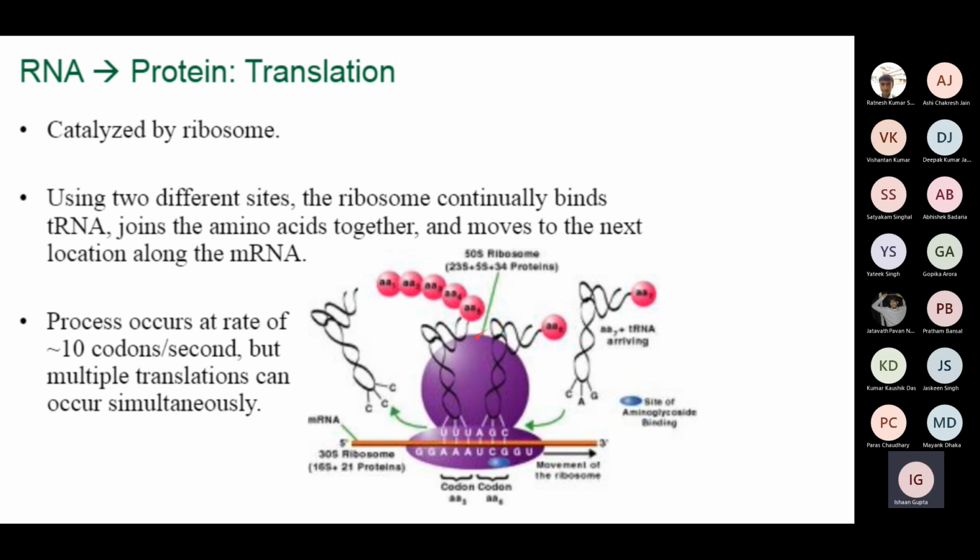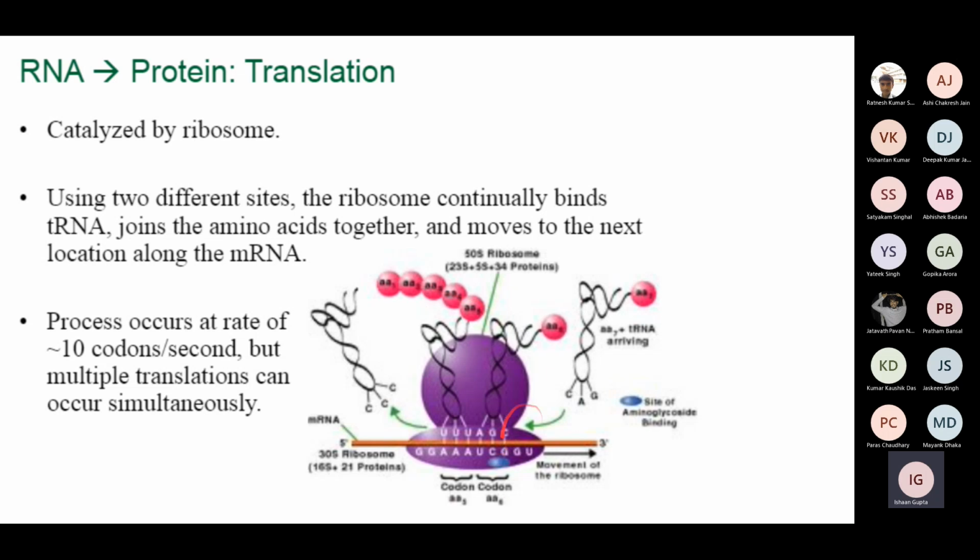This process is called translation because you're literally translating one language, one code. So you're translating AUGC into another set of language, which has some other letters, which is like your 21 amino acid letters, right?